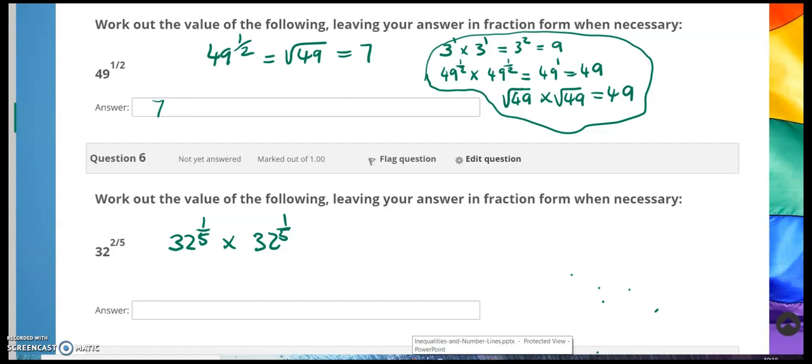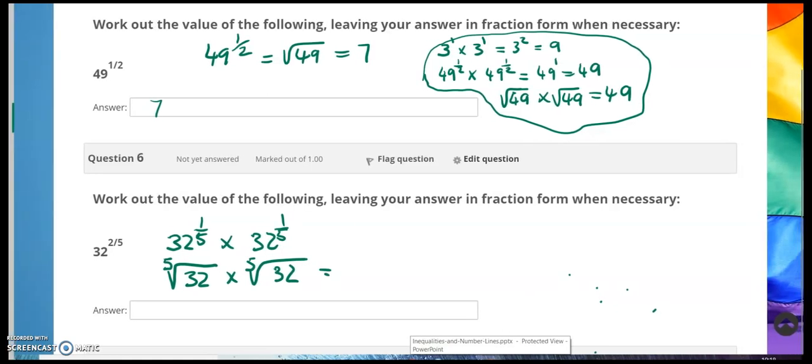So what we're going to do now is work out what is 32 to the power of 1/5. So 32, that is the fifth root of 32, multiplied by the fifth root of 32. So the fifth root of 32, how can we work it out?